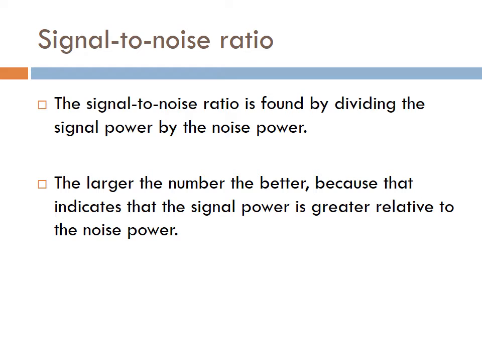The signal to noise ratio is found by dividing the signal power by the noise power. The larger the number, the better, because that indicates the signal power is greater relative to the noise power.